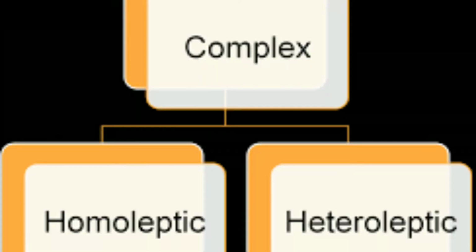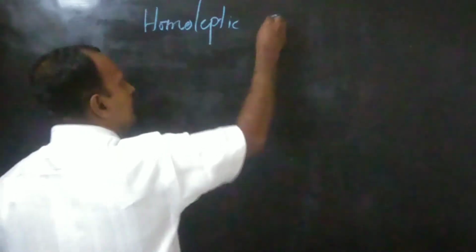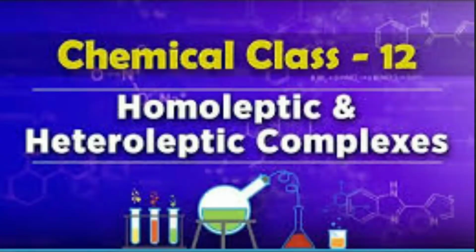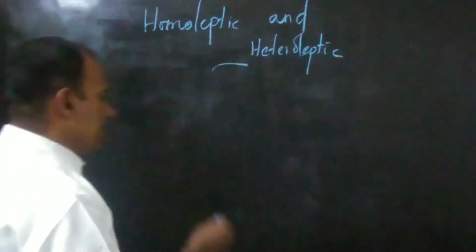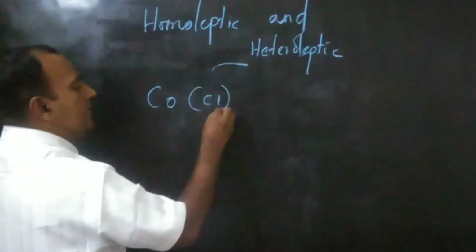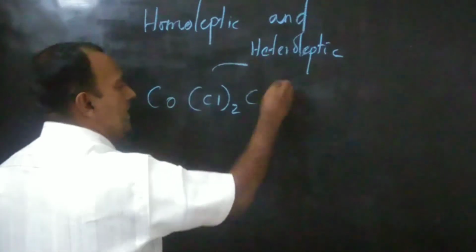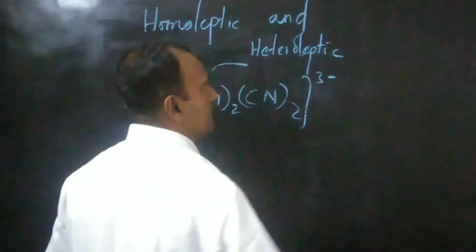The next terminology we have to study is homoleptic and heteroleptic complexes. Consider this example: [CoCl2(CN)2]3-.